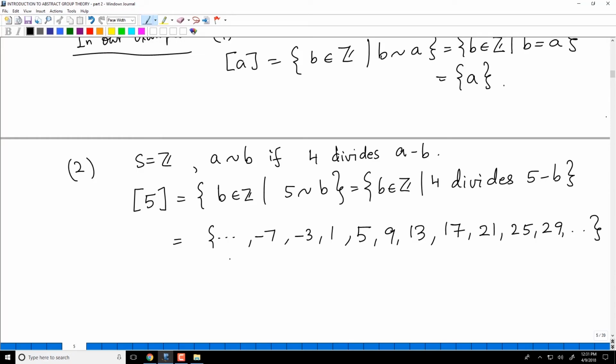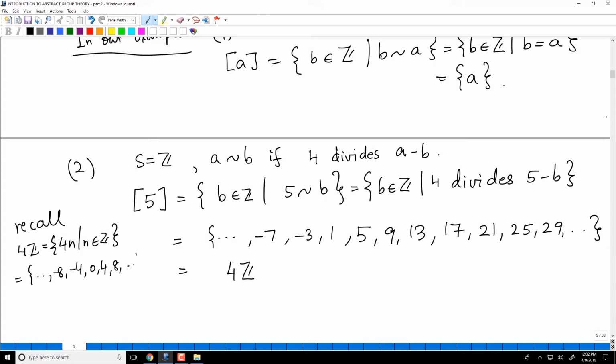We have used the notation 4Z. Remember, 4Z was all integers which are multiples of 4. So this is minus 8, minus 4, 0, 4, 8 and so on. This is similar to that, right?